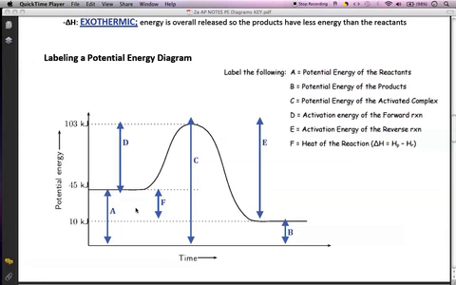And then finally, our heat of reaction, that difference between the products and the reactants. Well, here are our products minus our reactants. So 10 minus 45 kilojoules would give me negative 35 kilojoules as my heat of reaction, and that's represented by line segment F. So you have to get comfortable with reading values off of this for all of these different things I've identified, but also being able to pick out the line segments, which again is sometimes the trickier part for students.